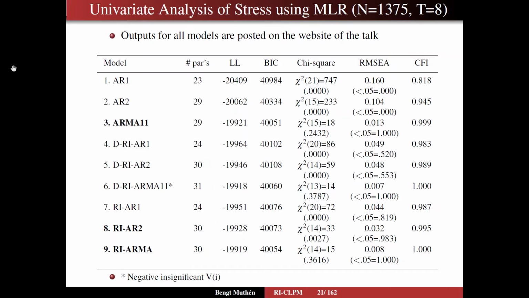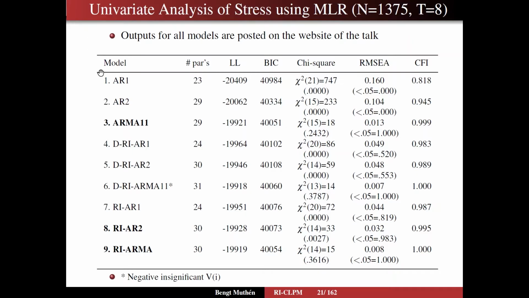On slide 21, I show the results of the analysis of stress using maximum likelihood. So here we have a series of 9 different models, and I want to remind you that outputs for all the models are posted on the website of the talk.